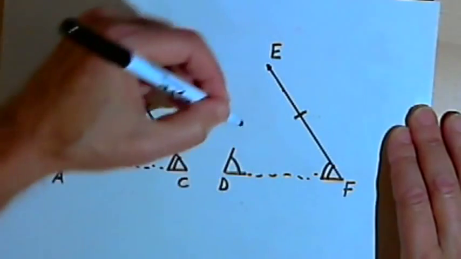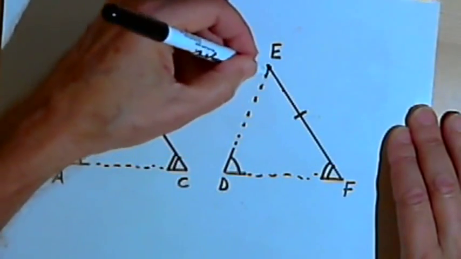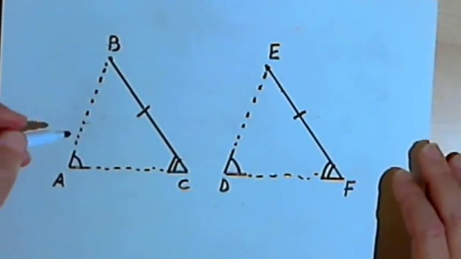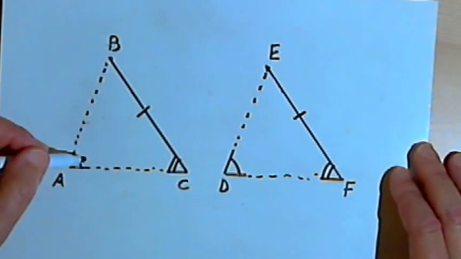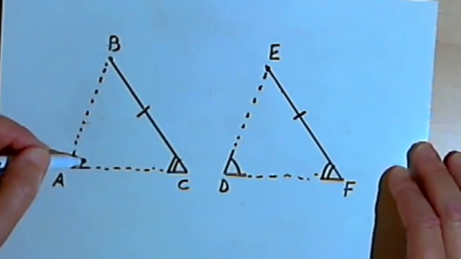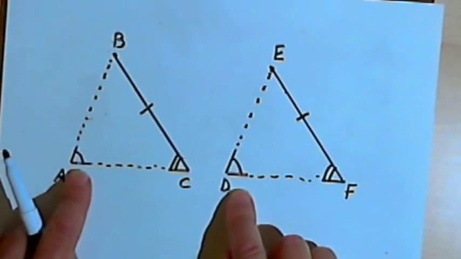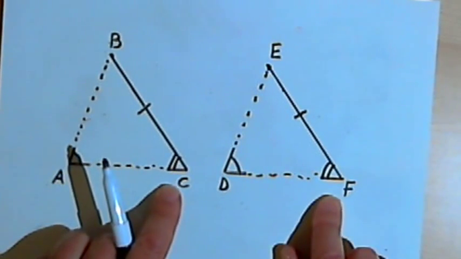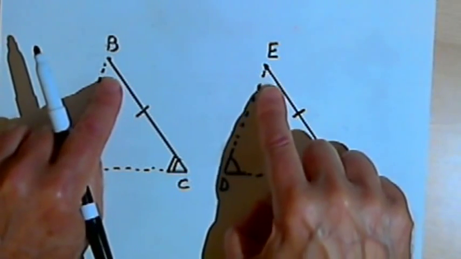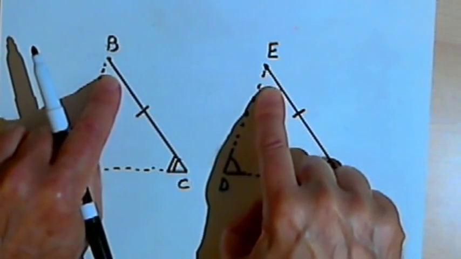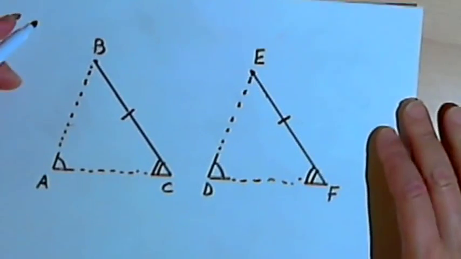I can show that these two triangles are congruent. And here's how I can do it. I know that the sum of the angles in any triangle is 180 degrees. If I've got two triangles, and I've got two pairs of identical angles, then the remaining two angles, in this case B and E, must be identical also.